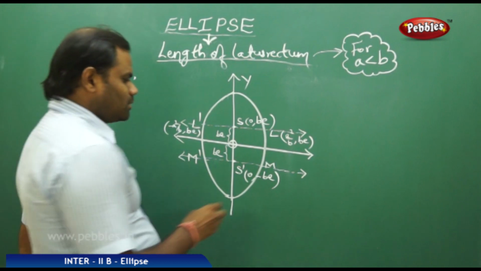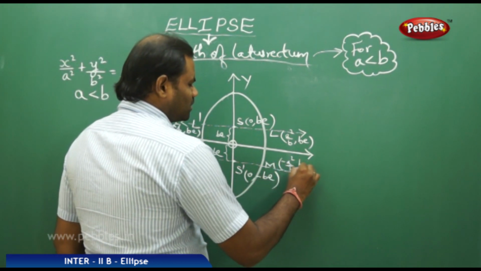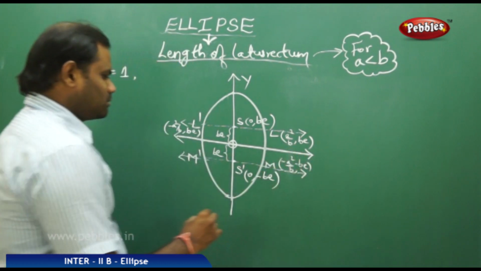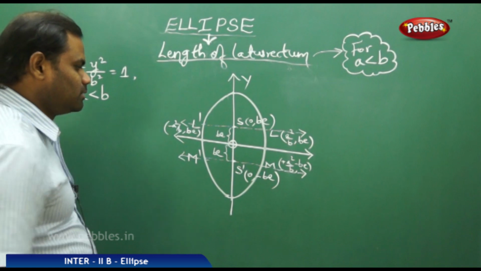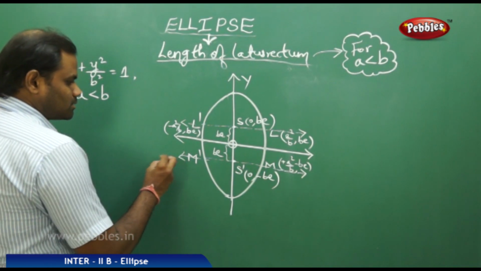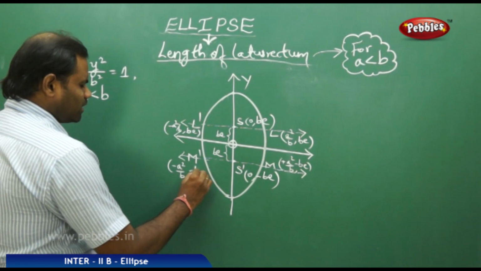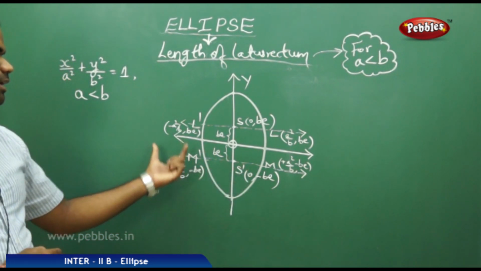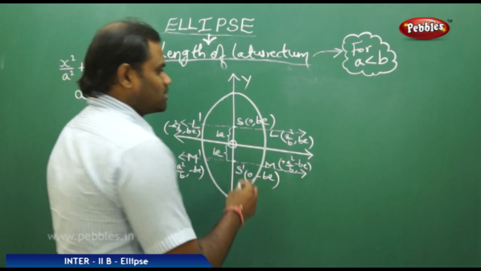And for M, it is (a square by b, minus BE), and M dash is (minus a square by b, minus BE). This is how we get all four extremities of the lateral recta for a less than b.